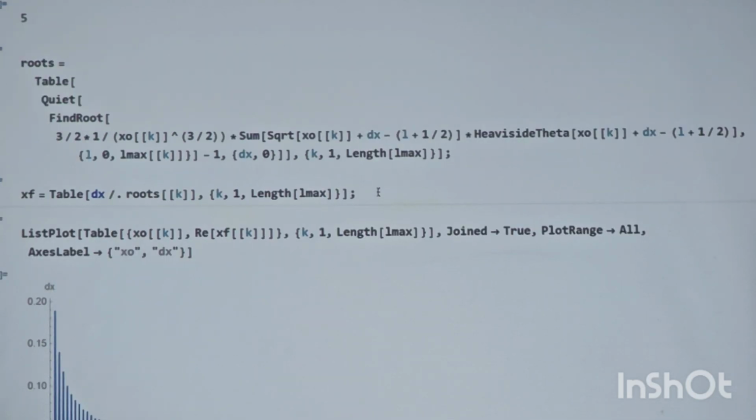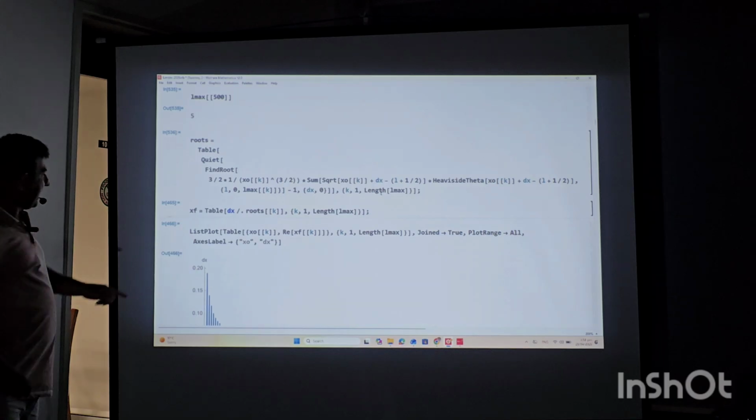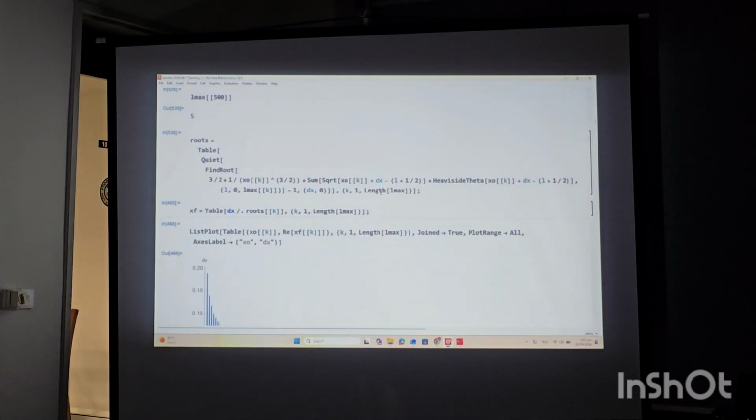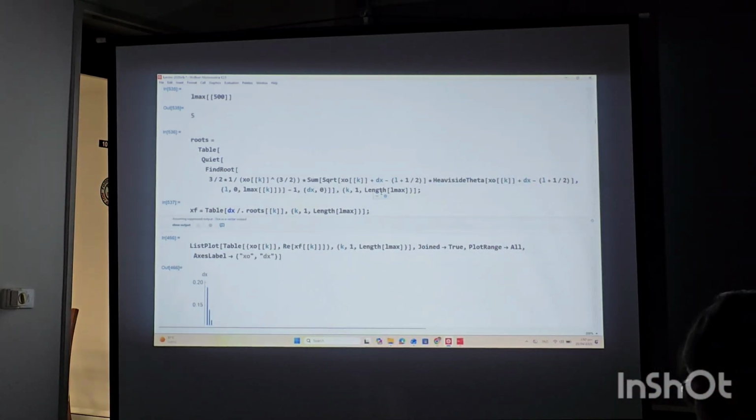Now I want to plot. So now what I'm going to do, I am going to plot the xf's, the changes in xf's as a function of the magnetic field x naught. So I put x naught on the x-axis and plot the delta x's. Does that make sense?